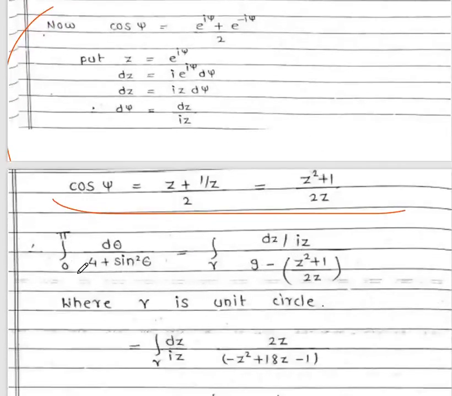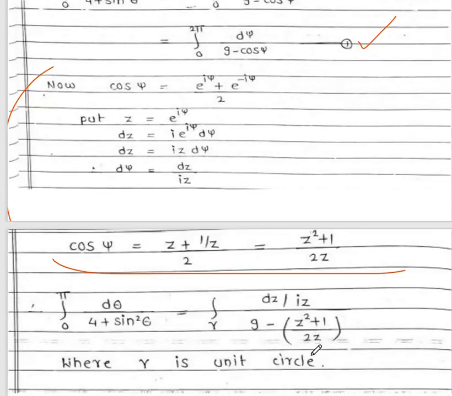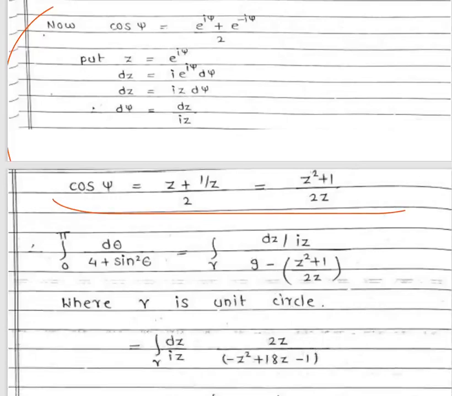Putting all these values in equation number 1, it becomes integral 0 to pi d theta upon 4 plus sine square theta equal to integral over gamma dz upon iz upon 9 minus z square plus 1 upon twice z, where gamma is the unit circle traversed along the z axis.